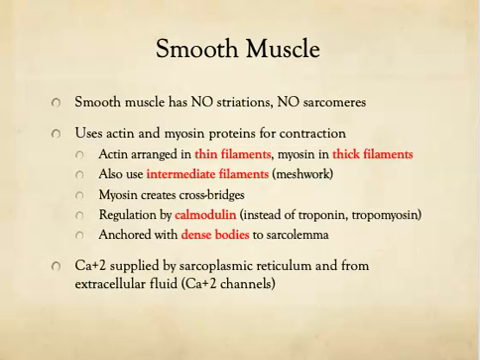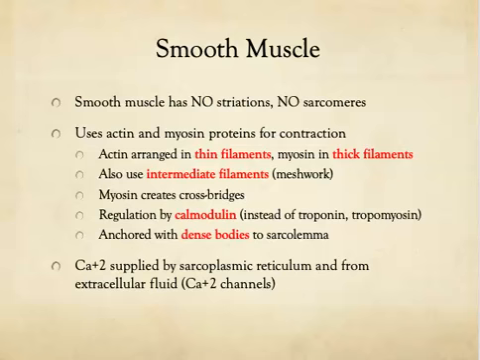The heads on the myosin molecules are going to create cross bridges with the thin filaments. And the motion of the myosin heads is going to slide the thin filaments, but not in sarcomere arrangement. The contractile activity of the thick and thin filaments is not regulated by troponin and tropomyosin, but instead by a protein called calmodulin.